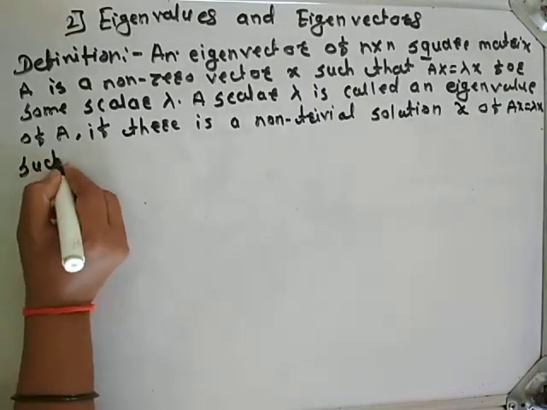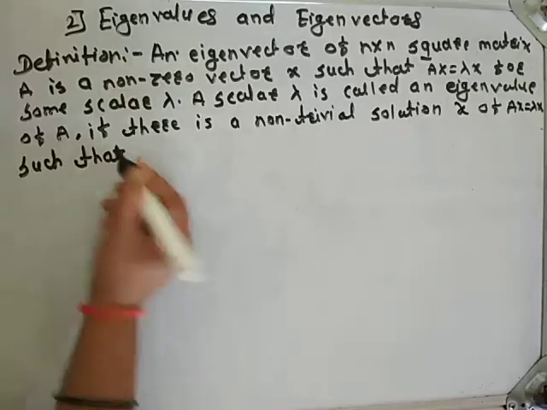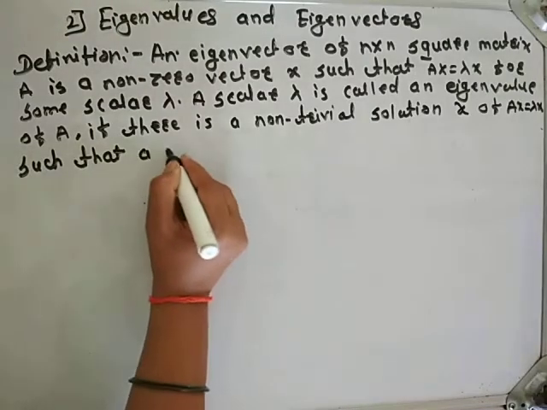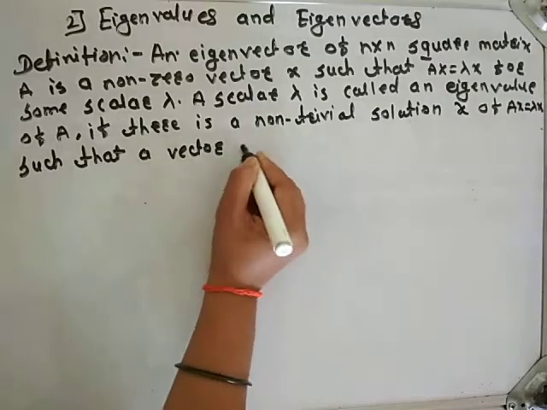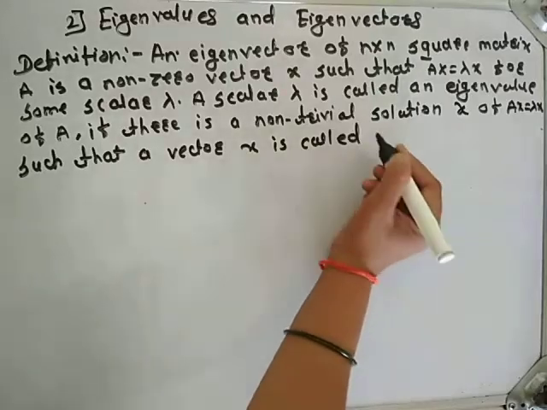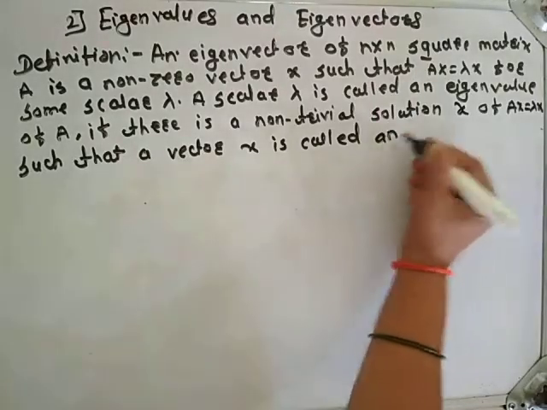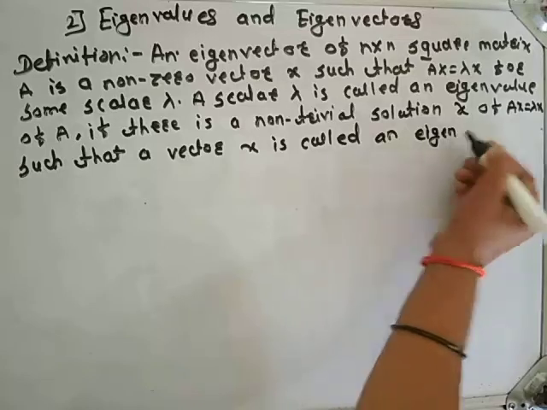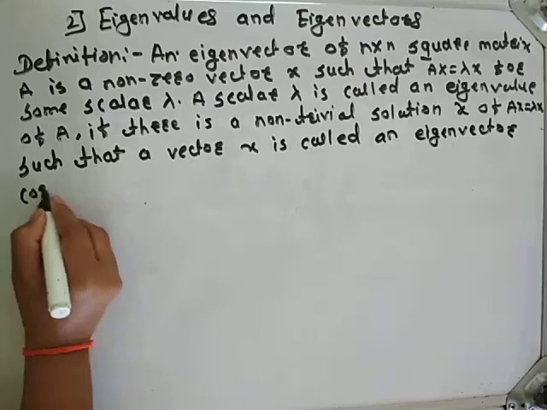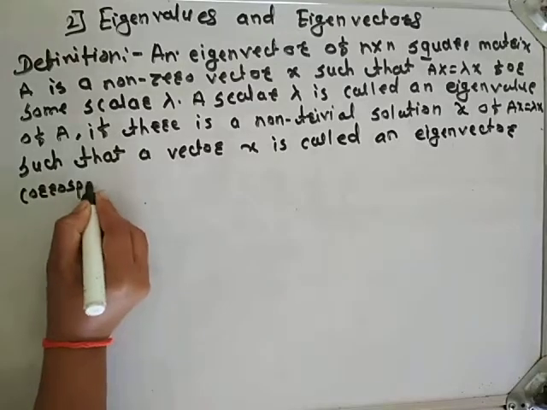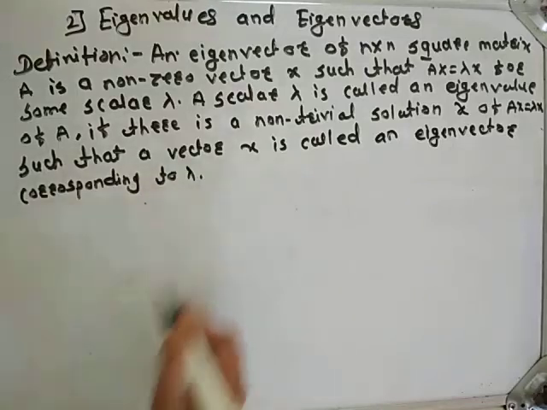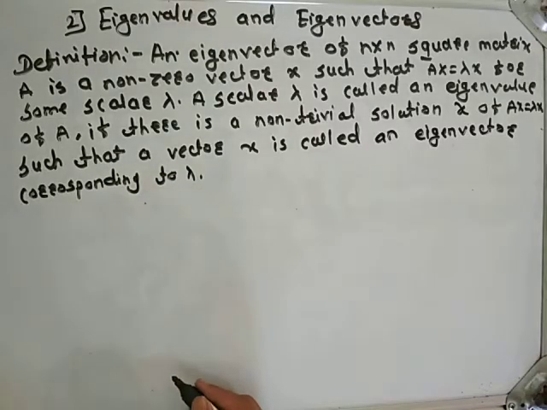Such a vector x is called an eigenvector corresponding to lambda.